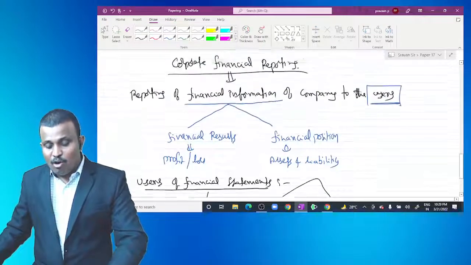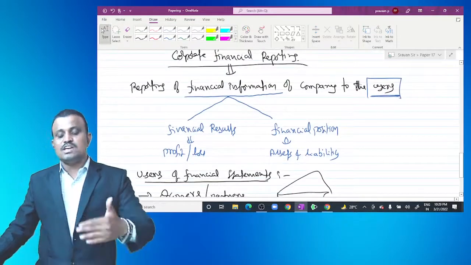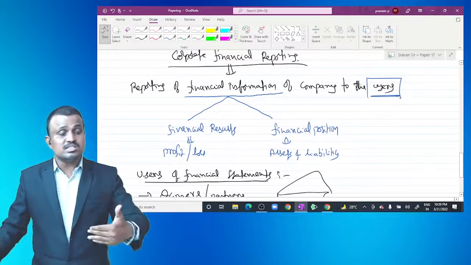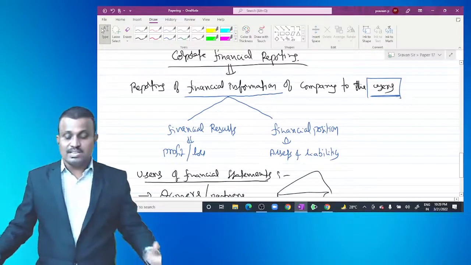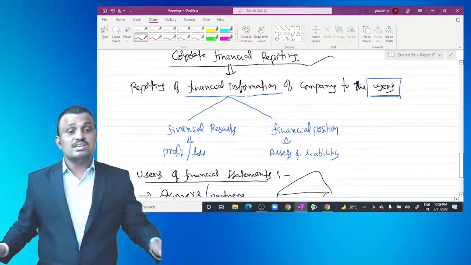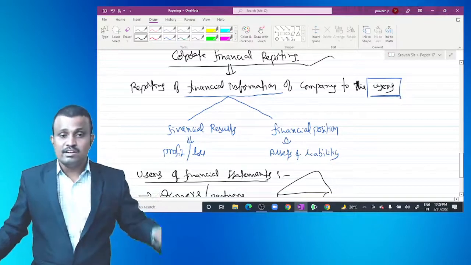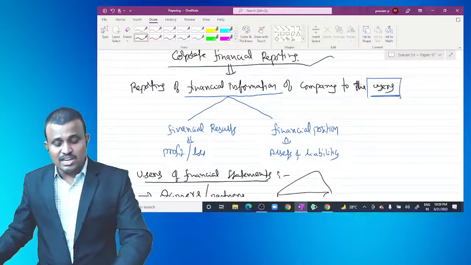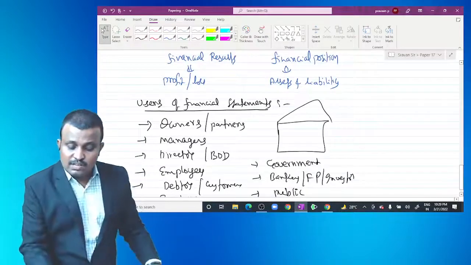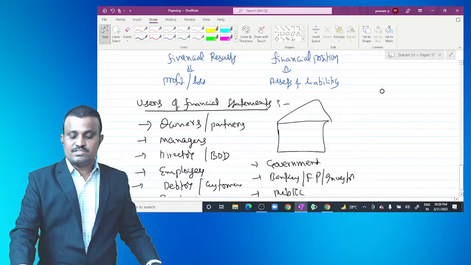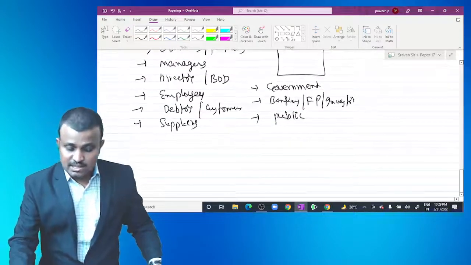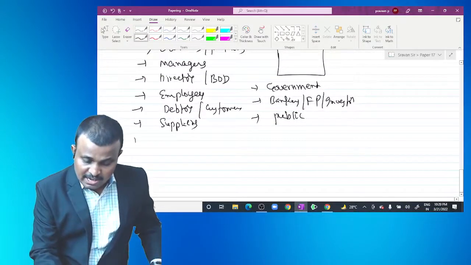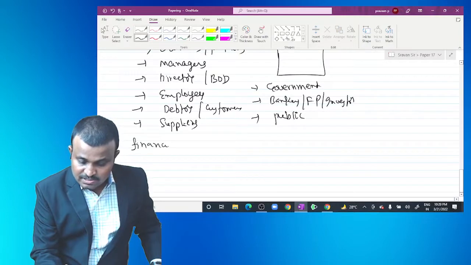So reporting of the financial information of the company to the users of the financial statements is technically called CFR, or corporate financial reporting. Here we use the word financial statements. So what is meant by financial statements?